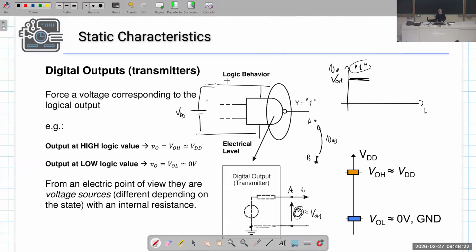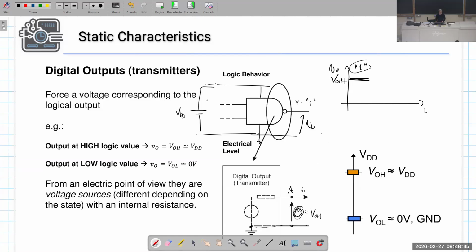Okay? And the output is the voltage between the output node and the reference. Okay?